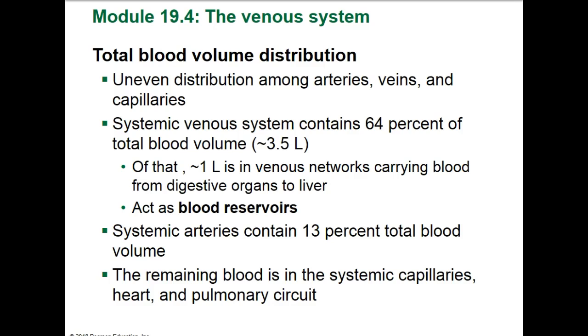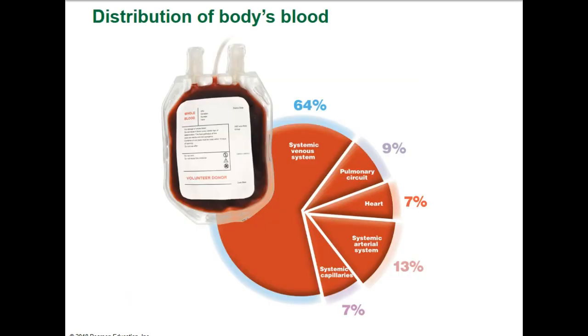The systemic arteries have about 13% of your total blood volume. The remaining blood is in the systemic capillaries, the heart, and the pulmonary circuit. But again, the systemic venous system has about 64% of your total blood volume. And that's quite a lot. This graphic shows that breakdown.